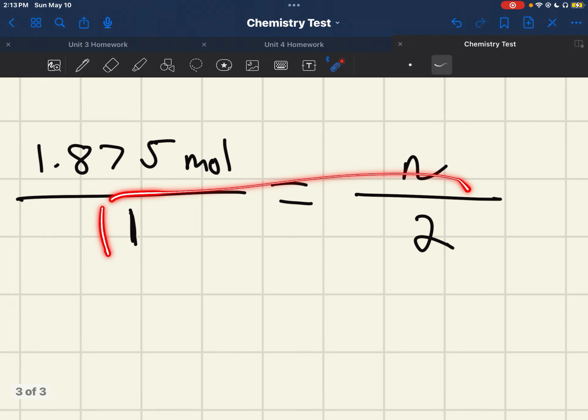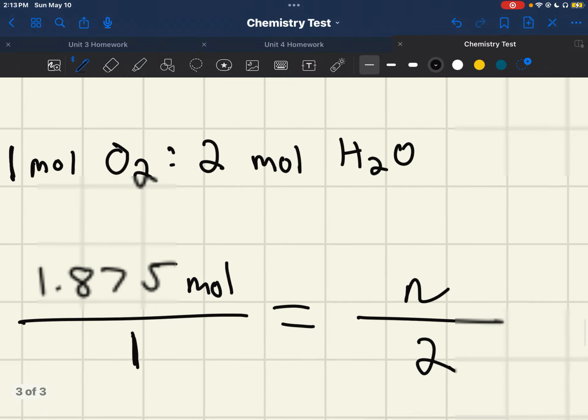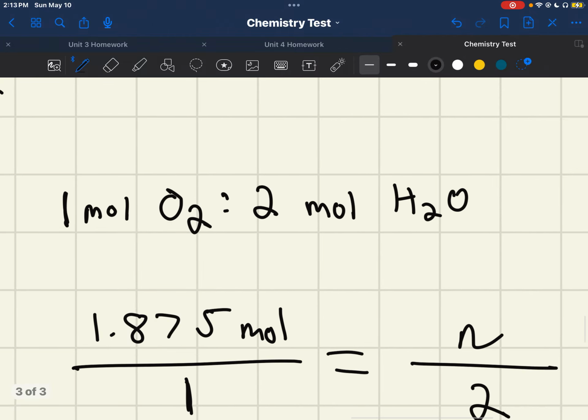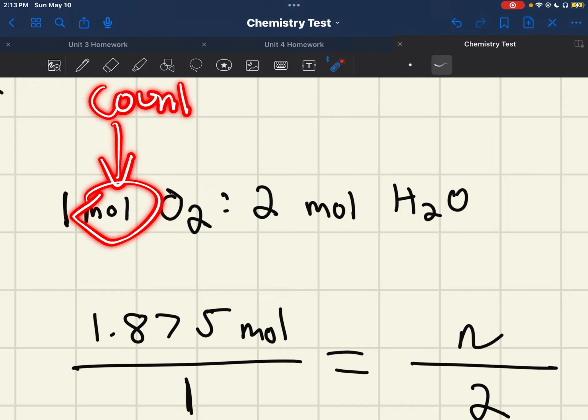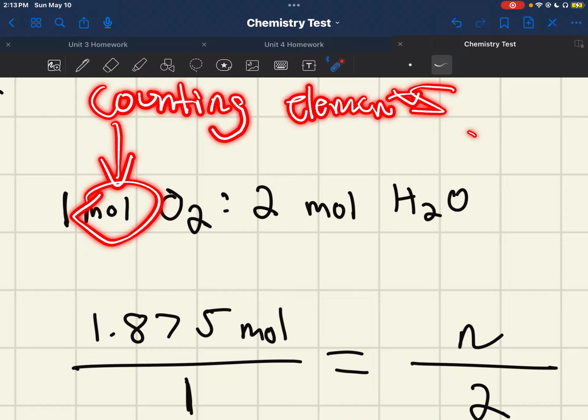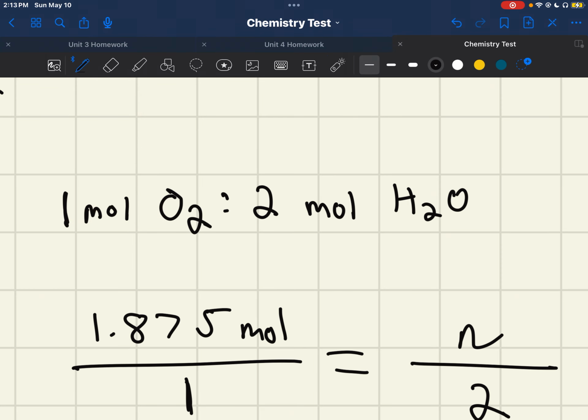These are stoichiometric coefficients, but they also represent the mole to mole ratio, which is just telling us that for this amount of moles of oxygen, there's this amount of moles of water. And moles is like the standardized way of counting elements, right? That's how I like to think about it.